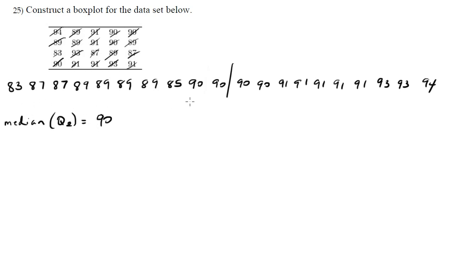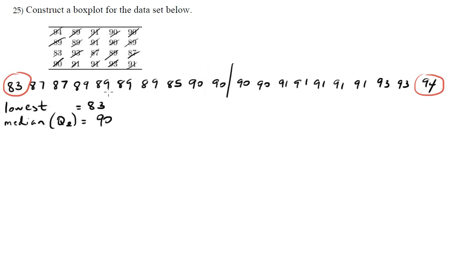Once I find the median, maybe the first thing I should have said is, here are my end points. My smallest and my largest values, 83 and 94. So I'll put my lowest value here. Lowest value is 83.